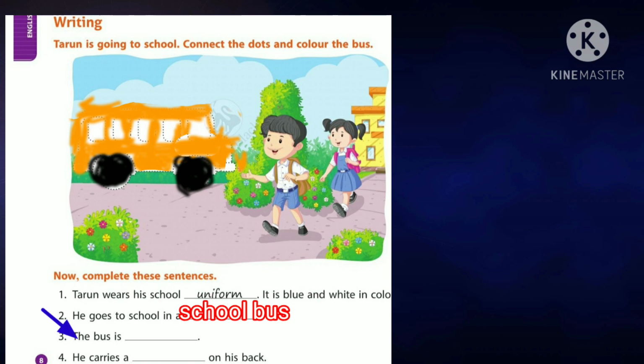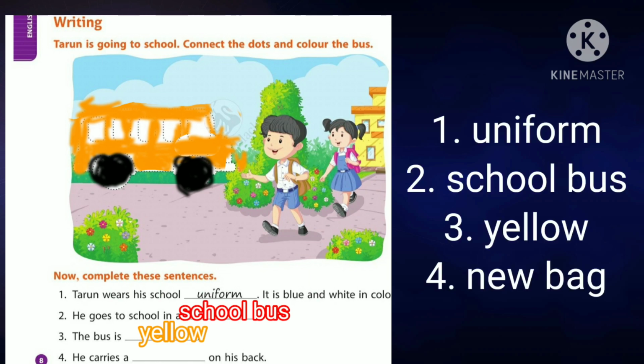Third question. The bus is dash. Yeah, the bus is, what is the color of the bus? Yellow. So all of you write there yellow. Y-E-L-L-O-W. You have already studied this color. Yellow. Next one.